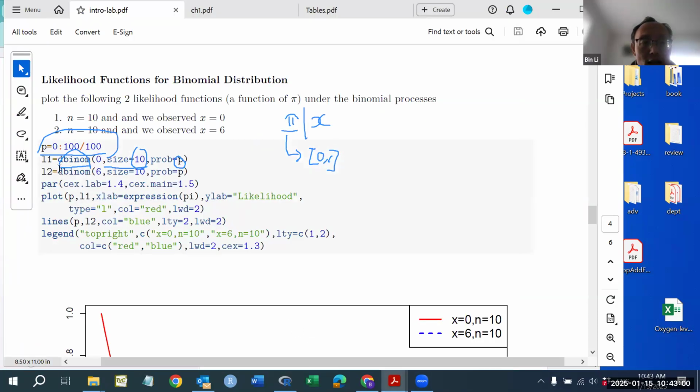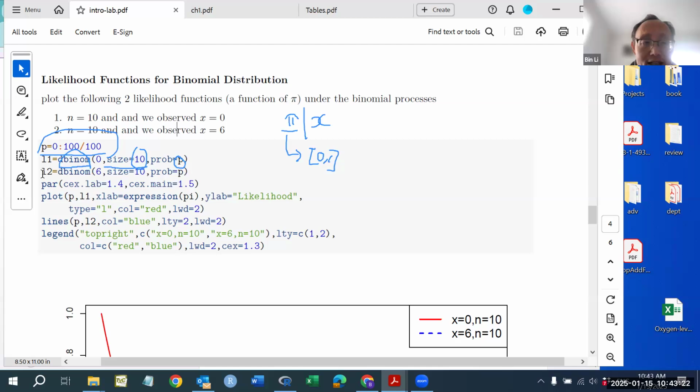Then I write a function, L1, that shows the density function, or we can say the likelihood function, based on the binomial distribution, with p changing from 0 to 1 and the size is n.